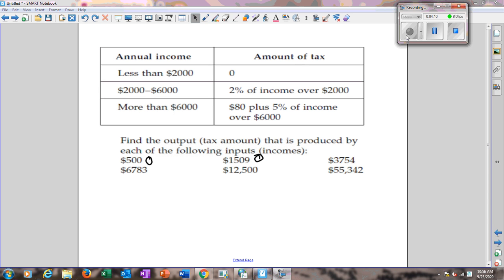If I'm looking at 3,754, now it's 2% of the income over 2,000. So the first thing I have to do is subtract 3,754 minus 2,000.